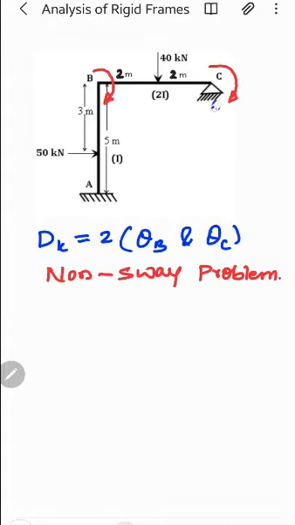So let me assign the coordinate numbers. Let this be coordinate number 1, let this be coordinate number 2. Clear?